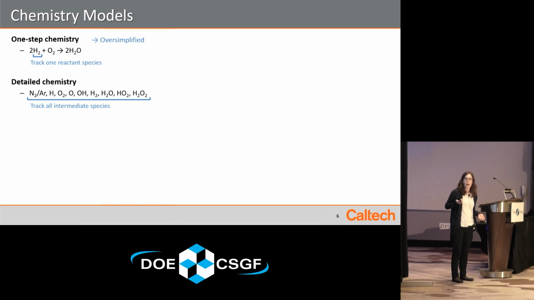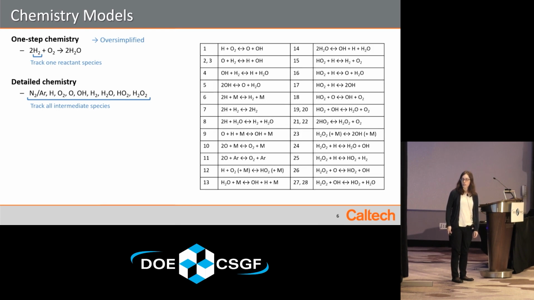So you can see we have 9 species here, depending on the diluent that we're using. And in order to track all of these, we need all of these reactions, each of which have their own reaction rates. The list of equations is not important here. It's more just the quantity of what we need to keep track of in our simulations.